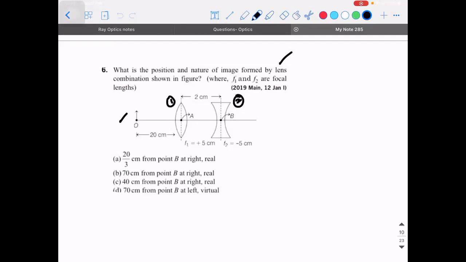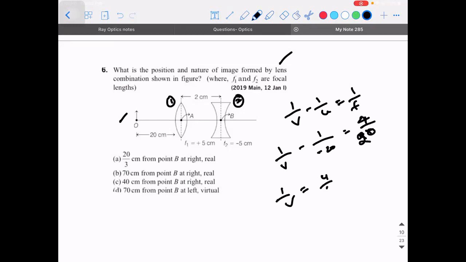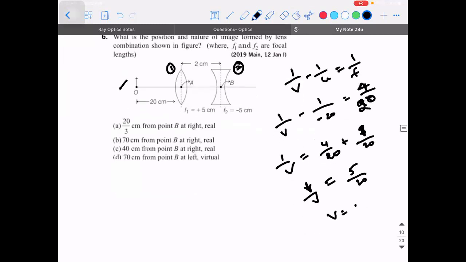Anybody with the answer? So where is the image formed due to the convex lens? So v is how much? It is 4 centimeter. So I'm getting it correct.